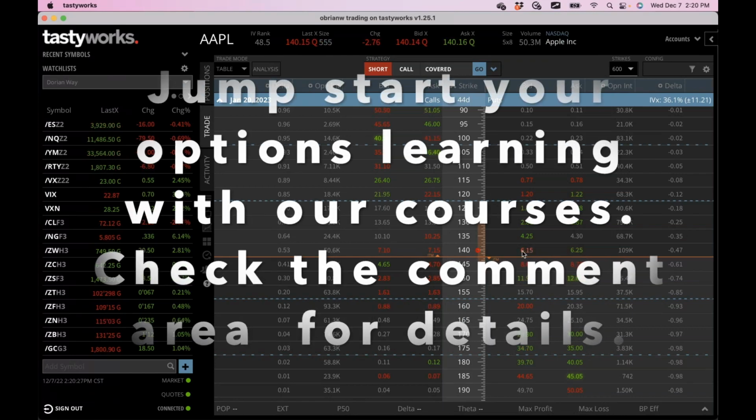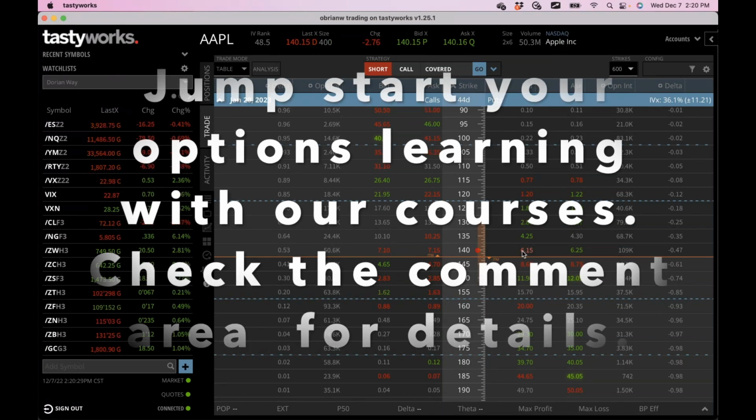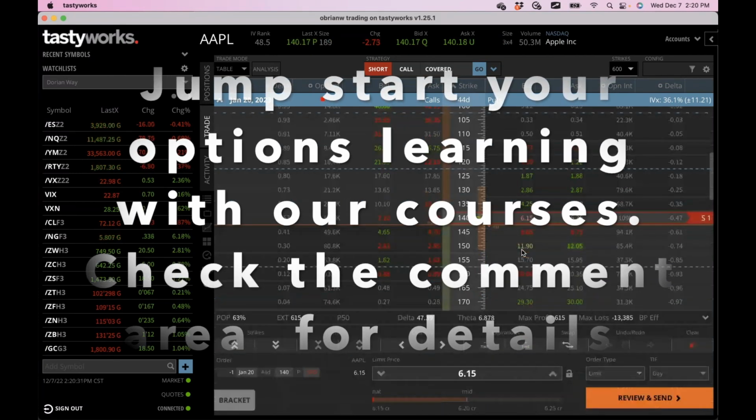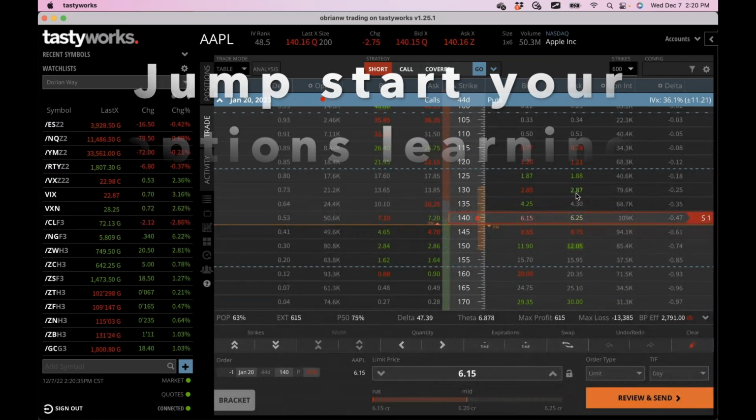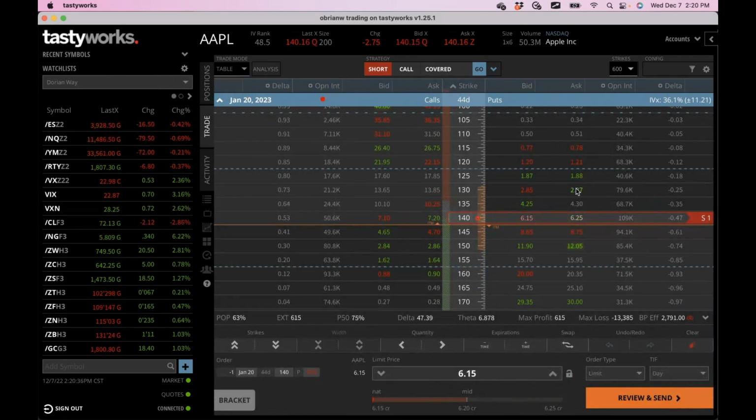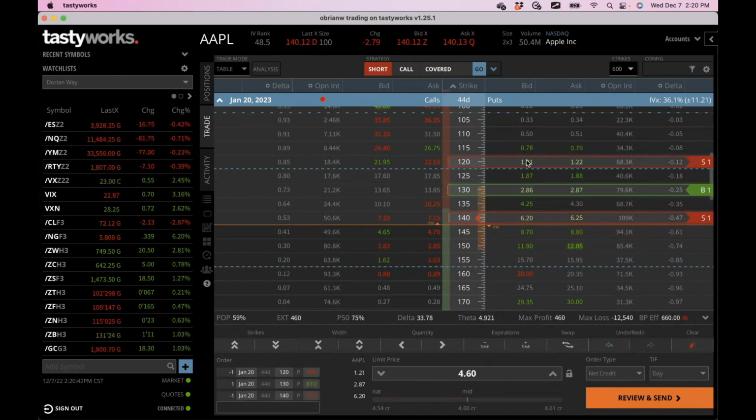A traditional butterfly, if you are the seller, looks similar to something like this, right? So if I did a 10-point wide butterfly here, this is the selling of a butterfly. When you're doing a butterfly, the middle of the position is considered the body, and that's where you're putting two contracts.